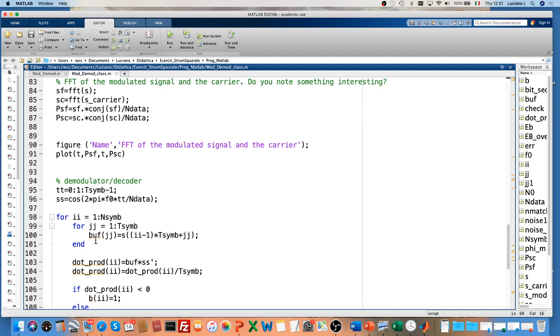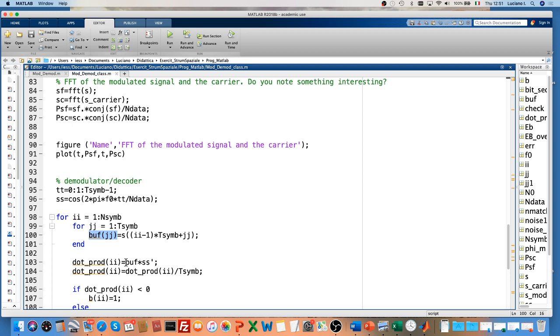So I put in this buffer all the samples corresponding to 1 bit, and I cycle over the number of bits. So this vector buff contains the data corresponding to 1 bit.